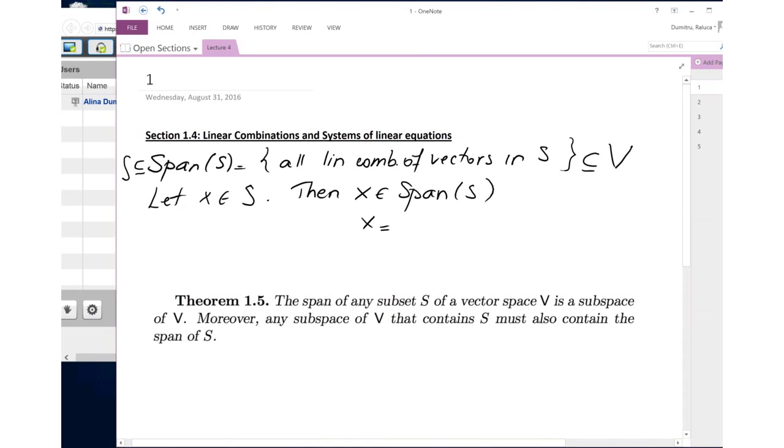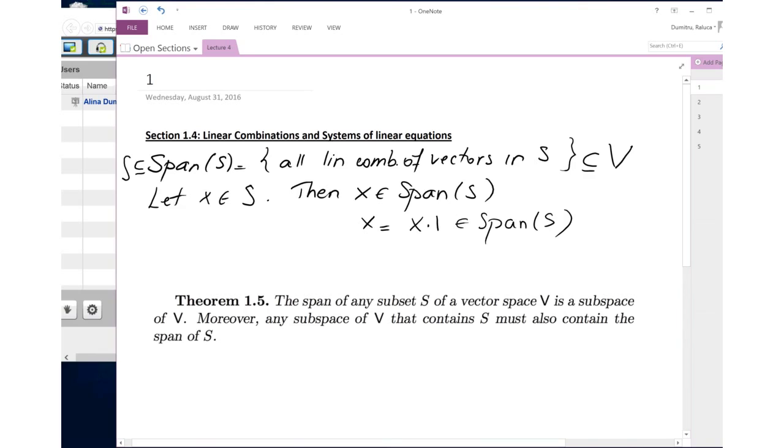Pretty straightforward. You can write x as a linear combination of the vectors in S in the following way: itself times the scalar 1. You can add, if you want, other vectors multiplied by the scalar 0, but it doesn't matter. So written like this, it becomes an element of the span of S.